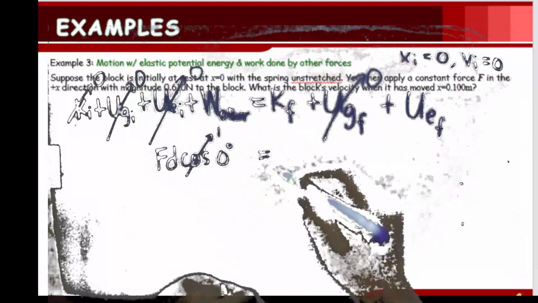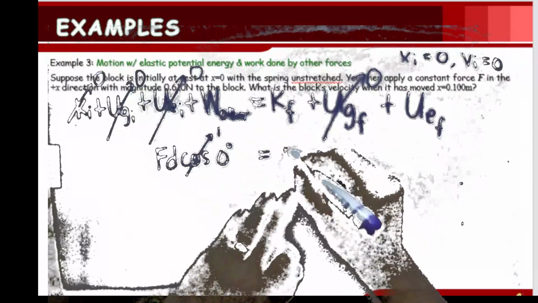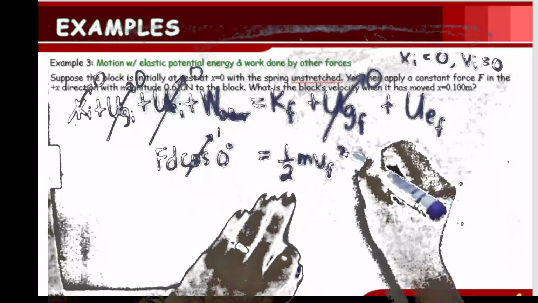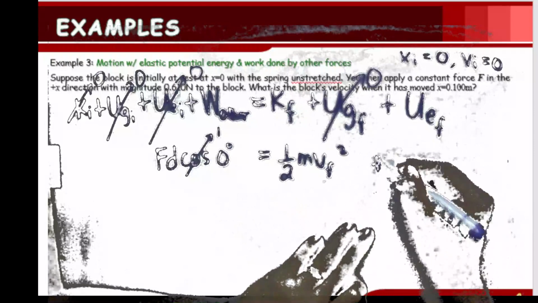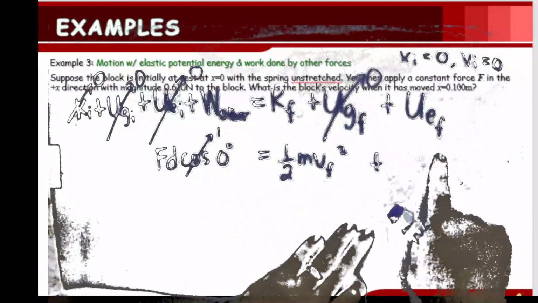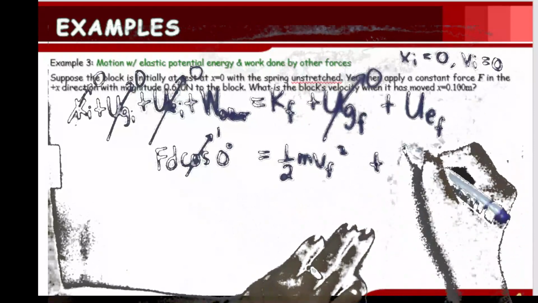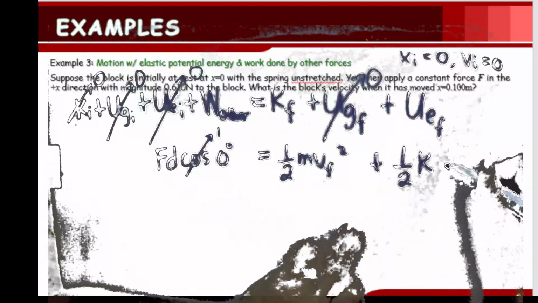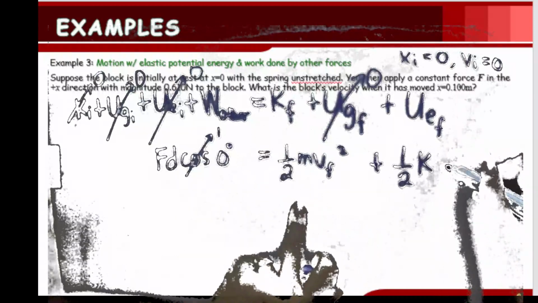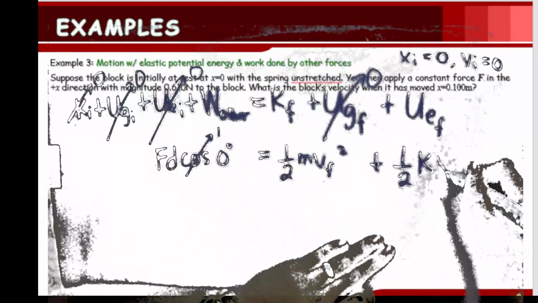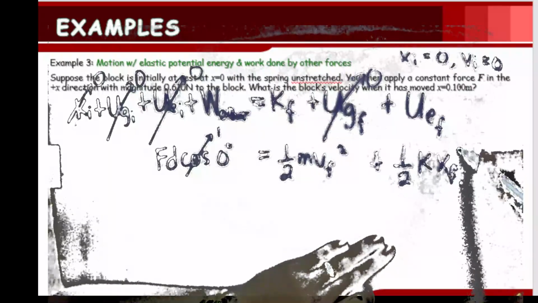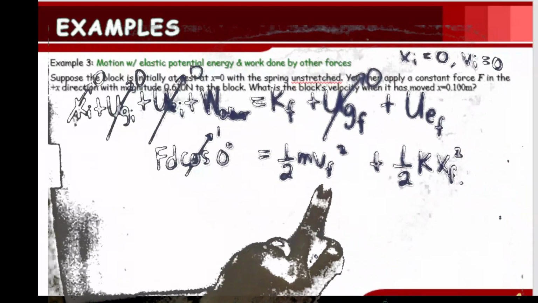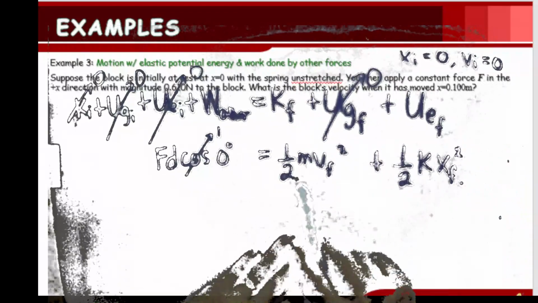So this is equivalent to final kinetic energy, 1 half m v final squared, plus your final elastic potential energy, 1 half k x final squared.